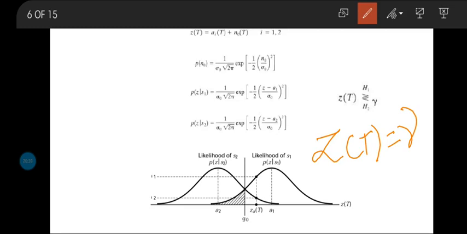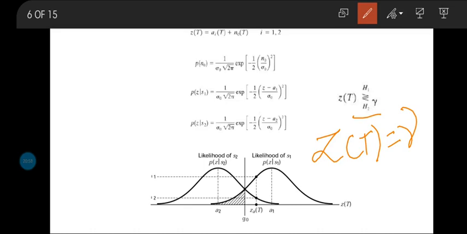Choosing H1 is equivalent to deciding the signal s1 of t was sent, and hence a binary 1 is detected. Similarly, choosing H2 will tell us that the signal s2 of t was sent, and hence its binary equivalent value which is going to be detected will be equal to 0.